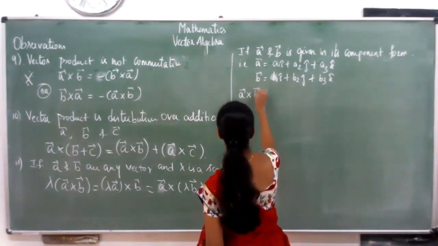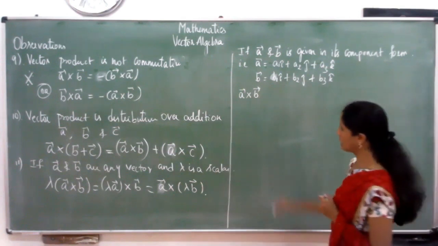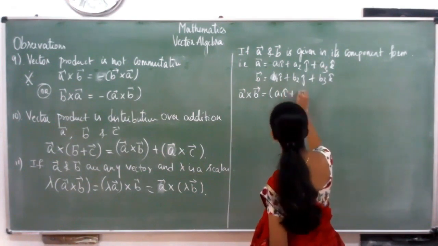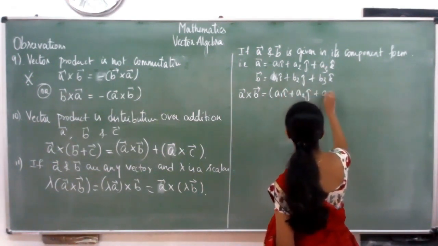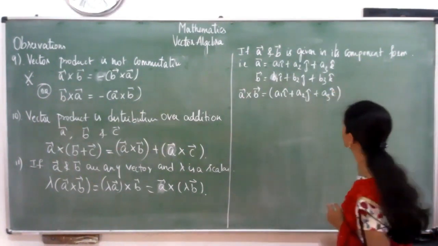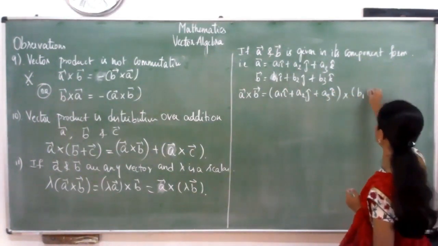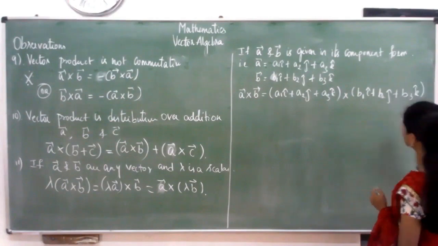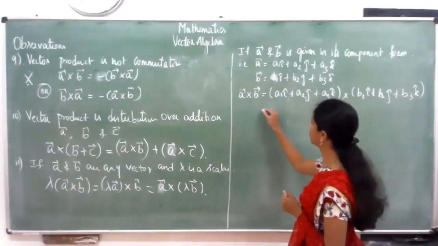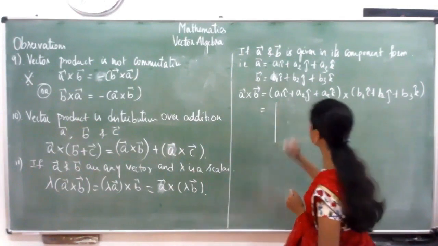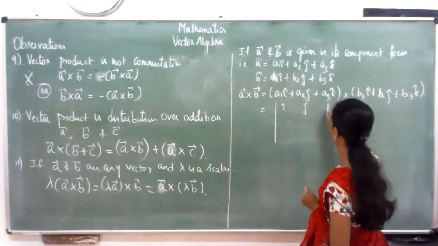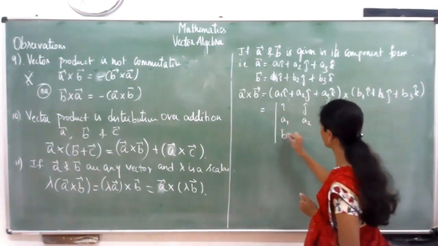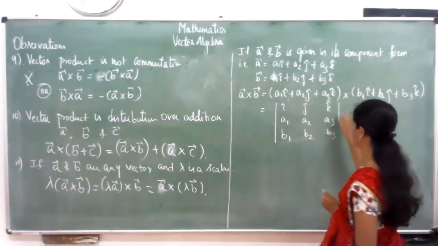Vector A cross vector B will be equal to A1 i cap plus A2 j cap plus A3 k cap cross B1 i cap plus B2 j cap plus B3 k cap. So this is given by the determinant of i, j, k, A1, A2, A3, B1, B2, B3.